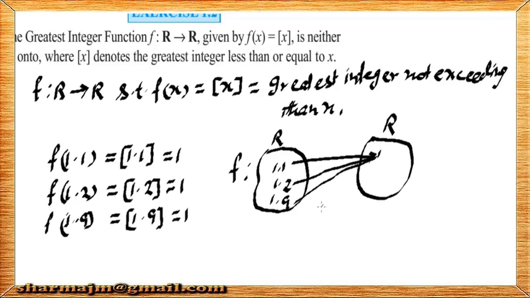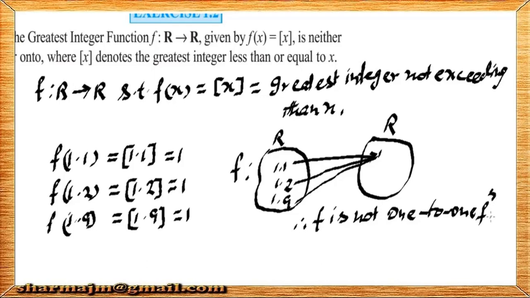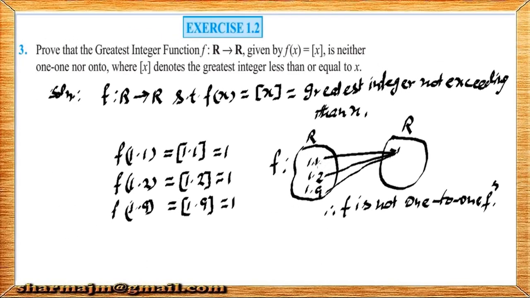So this function is not 1 1. So therefore f is not 1 to 1 function. Actually it is many to one function because many elements are having one image.